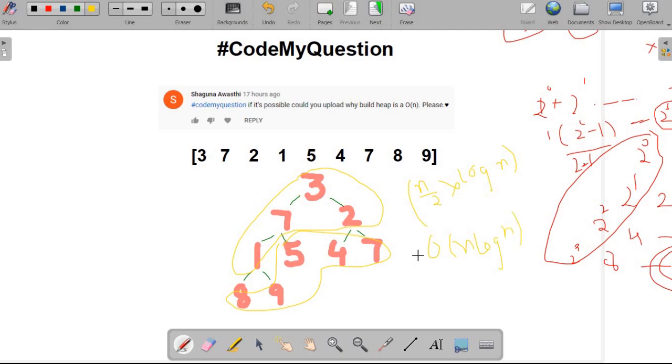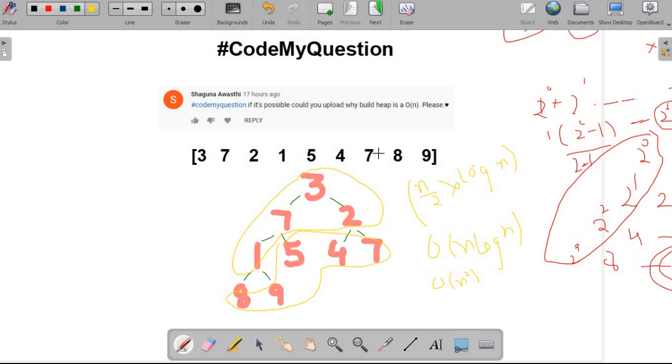What this means is, order of n log n means that it will take a maximum time of n log n. So even if I write this as order of n square, it is correct because it won't take more than order of n square, but it is not asymptotically tight. Asymptotically tight means that is the time which we expect it to be.